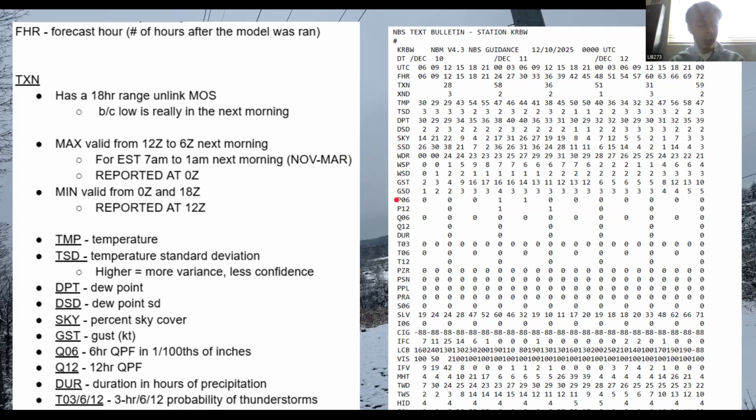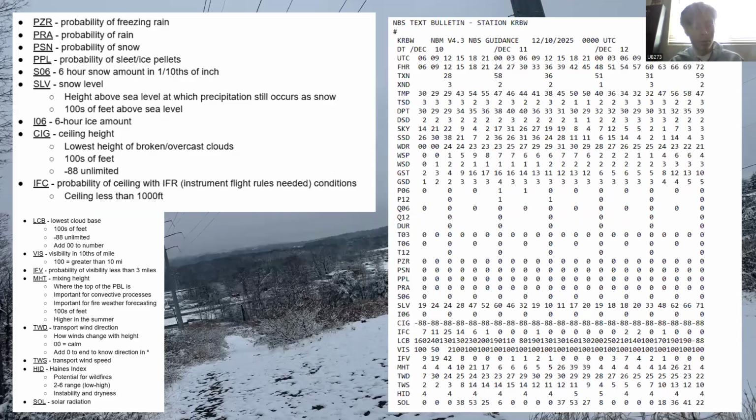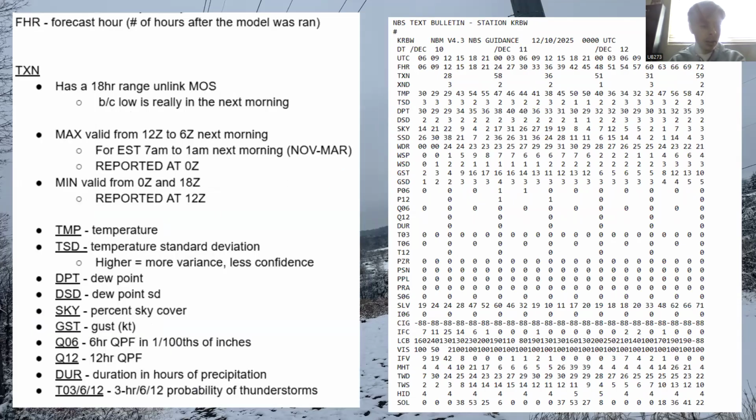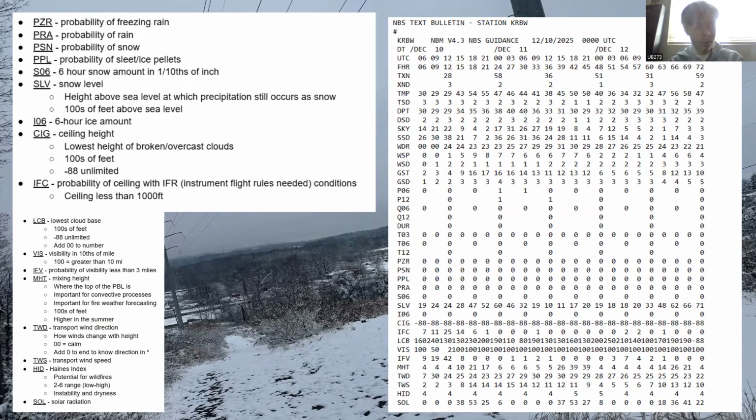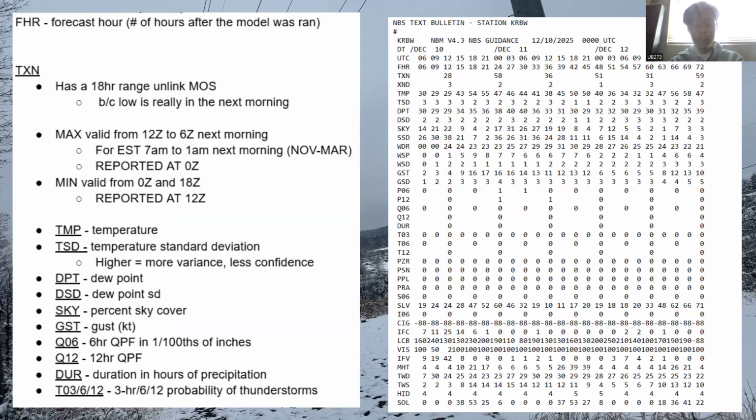P06 is going to be, oh, it's not on the slide for some reason. I don't know why it's out of order. But we already talked about that in the last video, that's going to be our 6 hour precipitation.